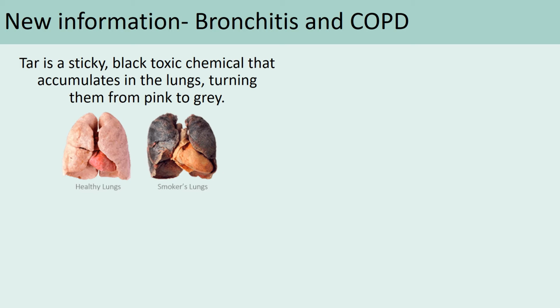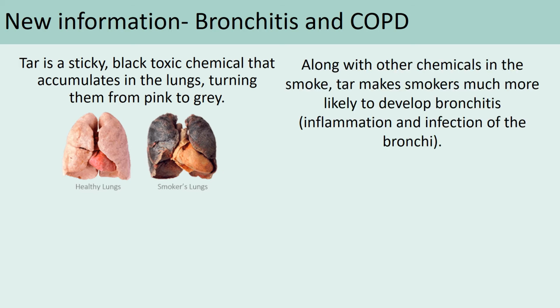And there's a clear difference between the two, that you have got this dark black coloration on the smoker's lung. And that's actually caused by the tar that we spoke about earlier. Now, as you are smoking, that tar is going into your lungs and it actually builds up. So this is not from smoking one cigarette. This is from many years of smoking.